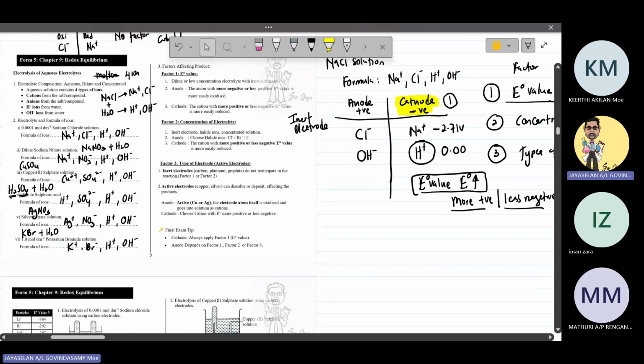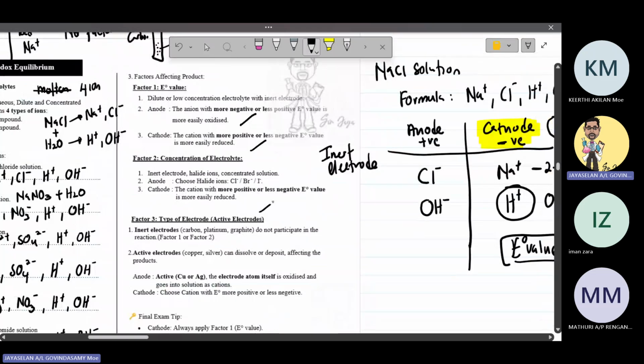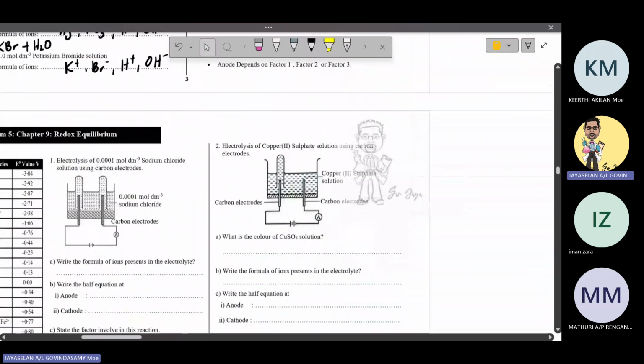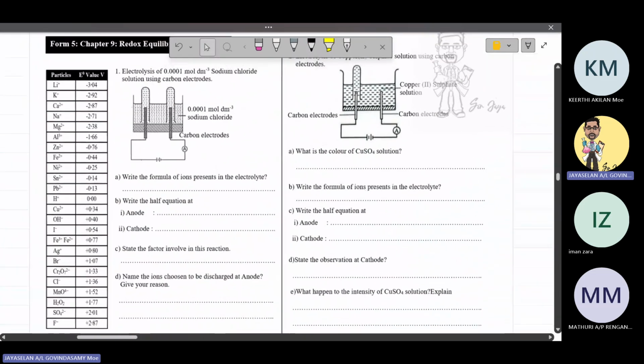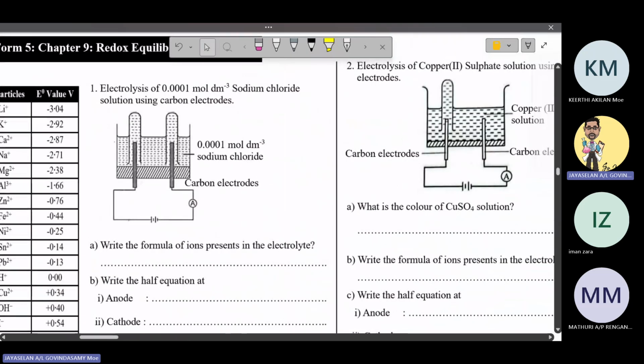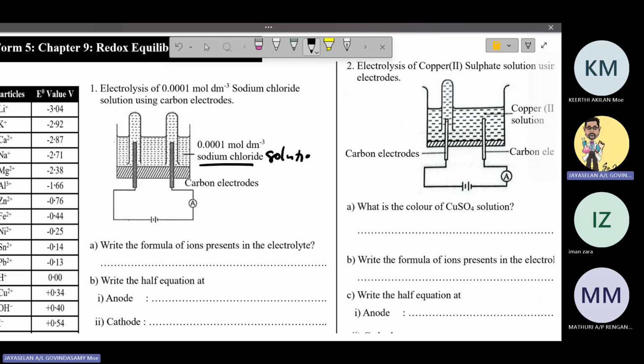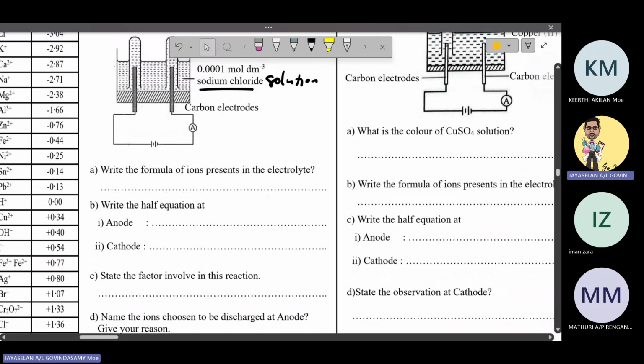Okay, tengok, so you boleh baca di sinilah. Saya dah letak. Okay, we do number 1. First one, E0 value sudah diberi. Dia bagi macam ni. Okay, so sodium chloride solution. First question dia akan tanya tuliskan semua formula ion in the electrolyte.